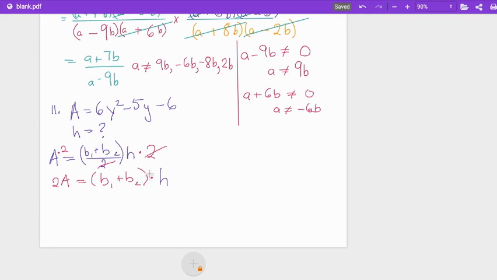And so if I want to move over the b1 plus b2, I see it's a factor and it's multiplying h. So what if I just divided both sides by b1 plus b2, right? Then I can cancel these. And here I have b1 plus b2. Okay, so make sure you see what I've done here.